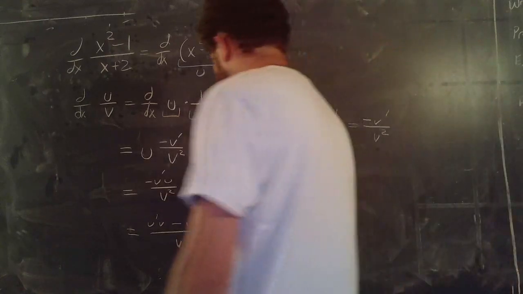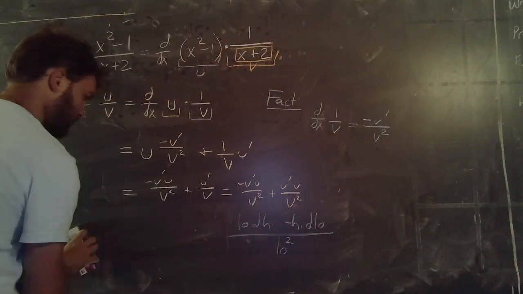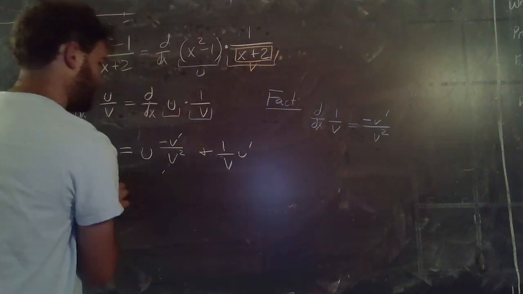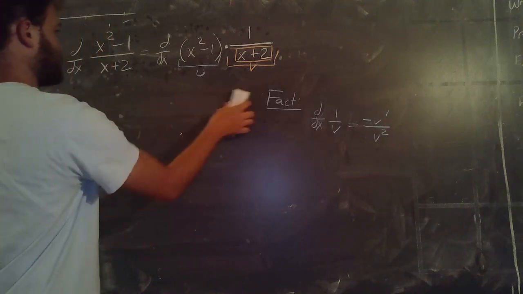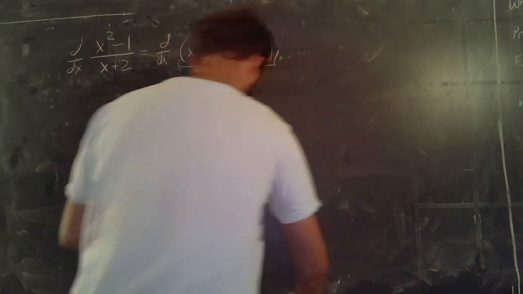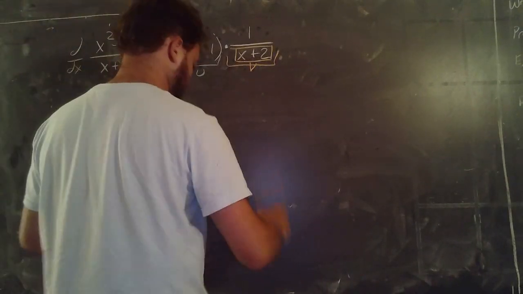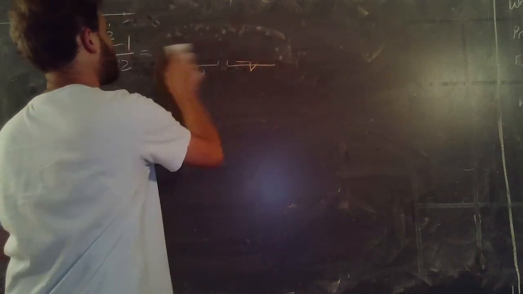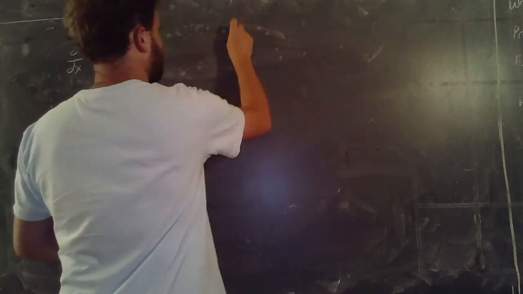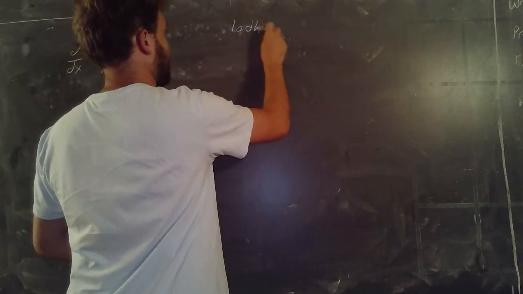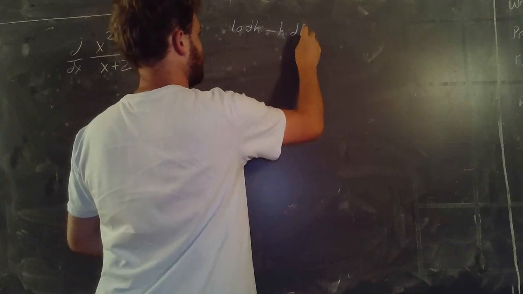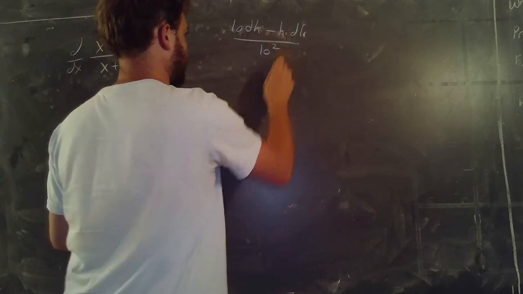So now that we know this formula, which I will copy down to the top, I'm going to use the low d high version of it just to kind of help us out here a little bit. We know that this derivative follows low d high minus high d low over low squared.